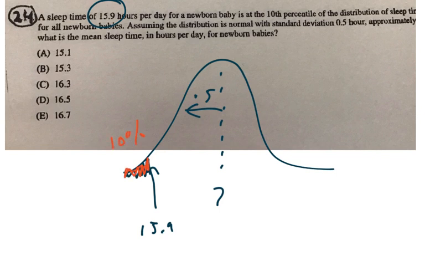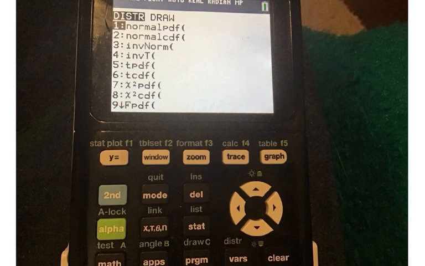So basically, you could have just gone to your calculator. Now remember, you're going to do second vars to get to your normal curve information here. And we're going to select inverse norm because we know the score, we know its percentage. We want to get basically its z-score, right? We want to do the table in essence backwards.